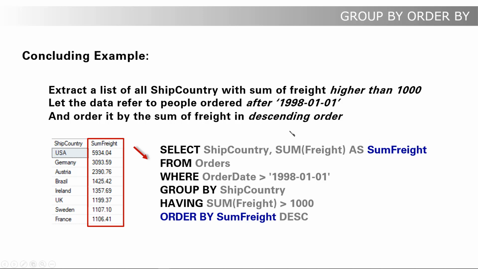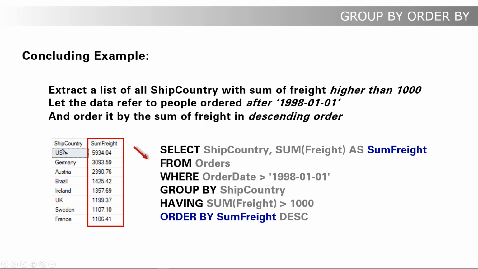And notice that we take the new name, because the ORDER BY looks at it as a defined and finalized table. So it takes the new name we gave it and we order it by the new name descending. If we want to order it by the ship country, we write ship country descending.